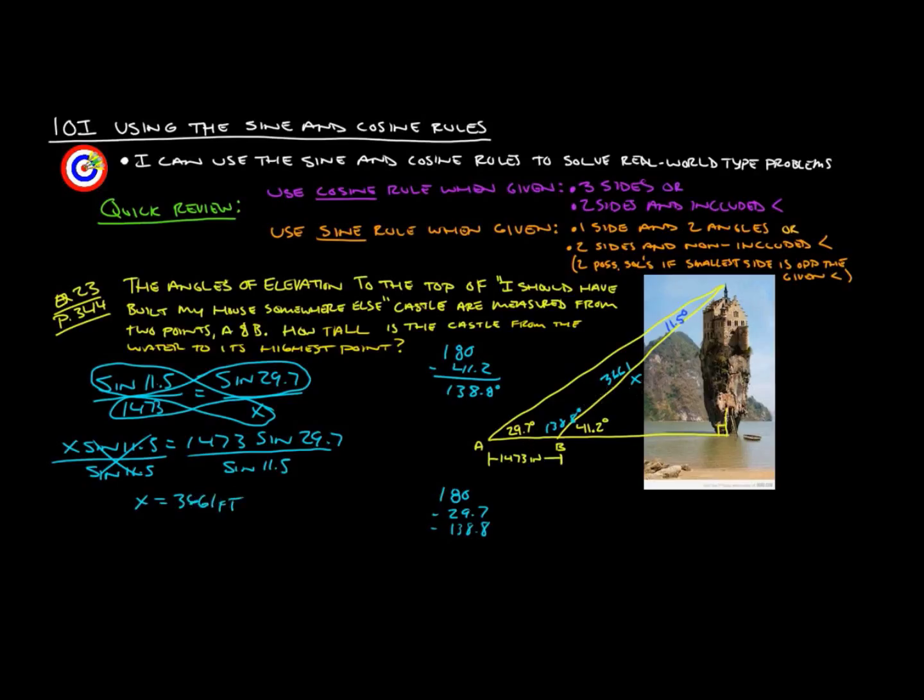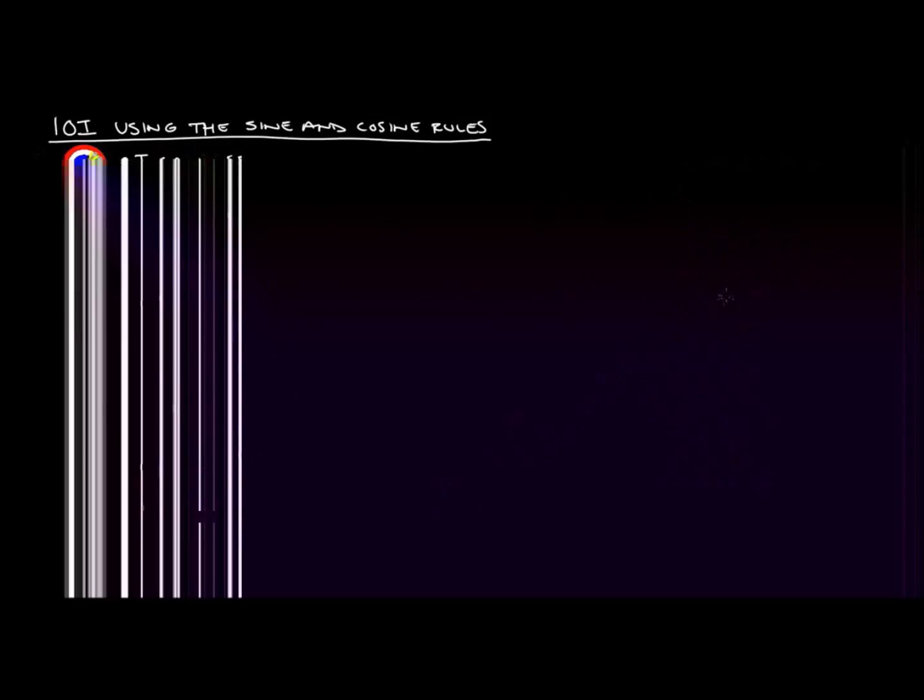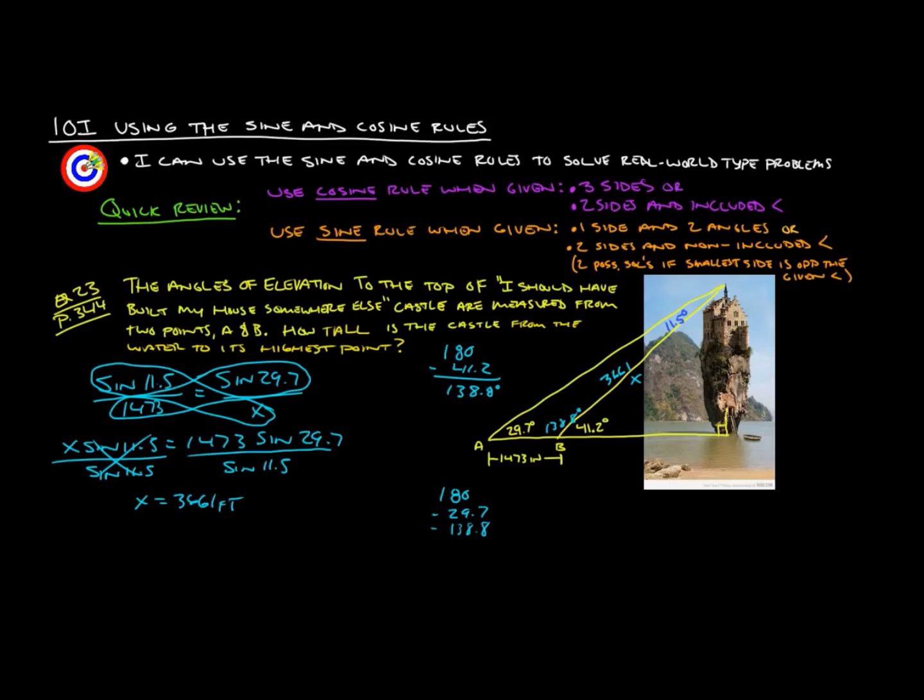Now that we know that, we can figure out what this height is here by doing a simple sine ratio. Sine of 41.2 equals the opposite side, which is what we're looking for, let's call that the height, divided by the hypotenuse, which is 3661.